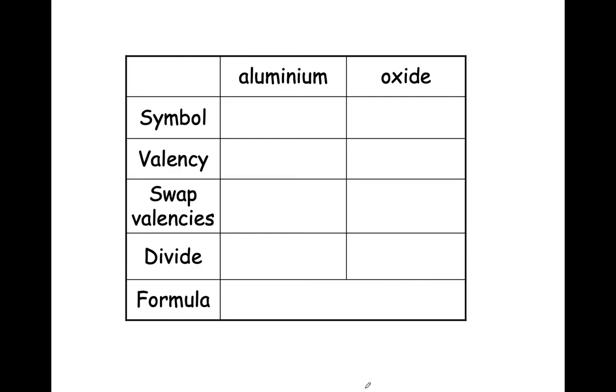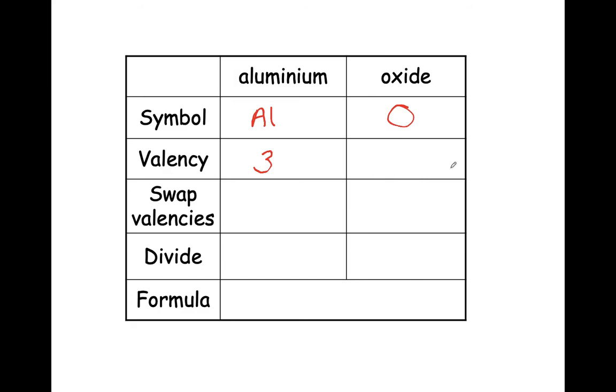So aluminium oxide. One of the compounds on the work card was aluminium oxide. You had to work out its formula. The symbol for aluminium is Al and the symbol for oxygen is O. Now aluminium is in group 3 of the periodic table, and that means its valency is 3.